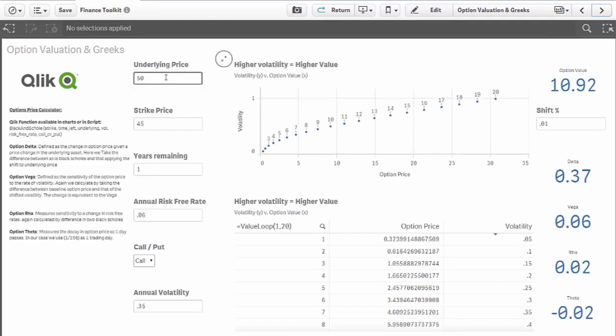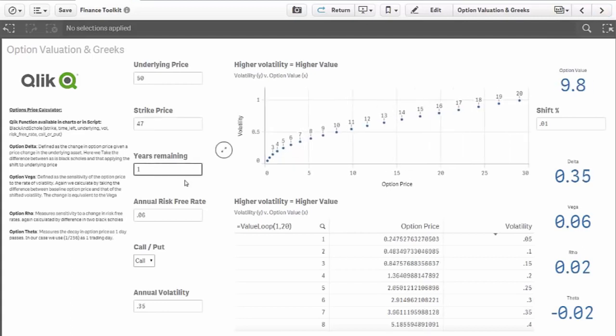But in this particular case, I've got 7 assumptions that go into the Black-Scholes model, including strike, the expiration, the underlying price, volatility, risk-free rate of return, whether it's a call or a put. You can make changes to this and it'll actually change the numbers automatically.